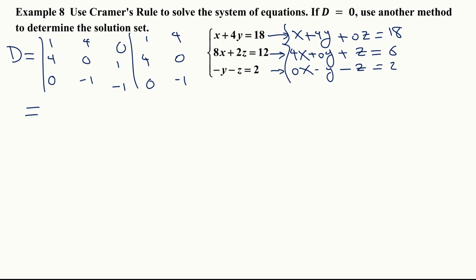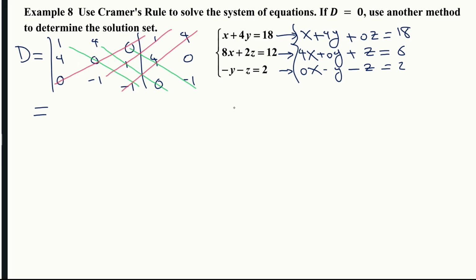We'll form the green group. And the red group. And we'll proceed. Okay, so you can probably guess we're going to have a lot of zeros, right? Which is nice. So that's 0 plus 0 plus 0. So the green group gives us 0.